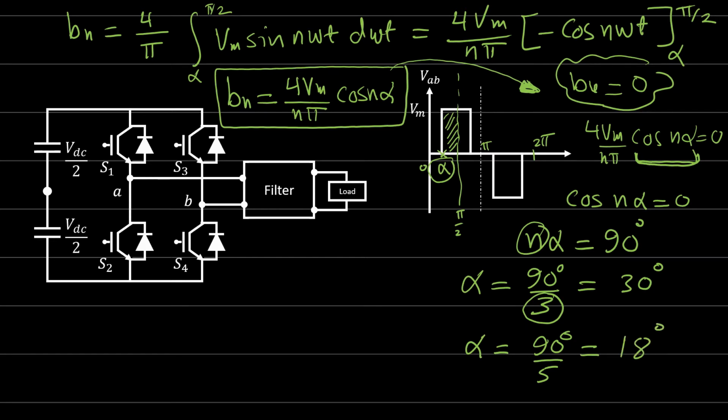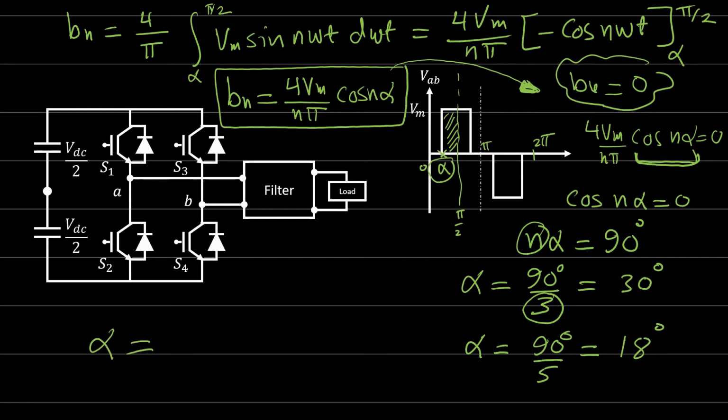This method can be used only to reduce one harmonic at a time. Okay, we cannot, for example, reduce third and fifth harmonic. We cannot reduce fifth and seventh harmonic. No, we can eliminate only the third harmonic or the fifth harmonic or the seventh harmonic, and so on and so forth. What other harmonics here can we eliminate? Tell me.